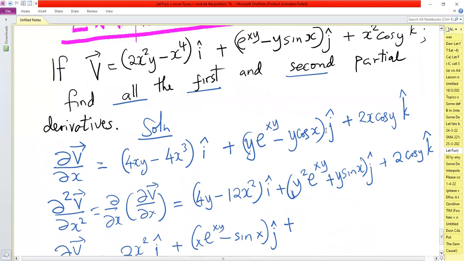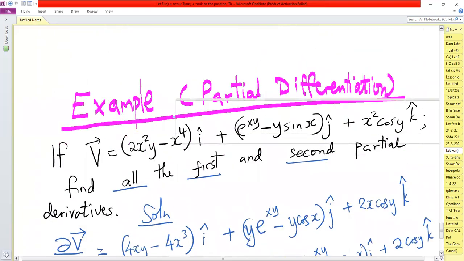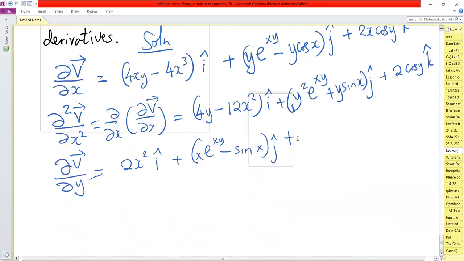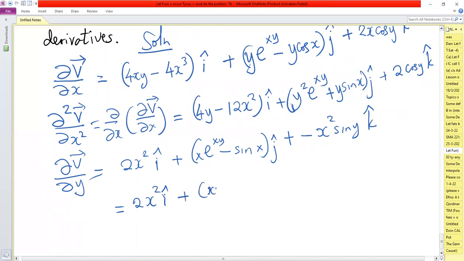Plus for k, when you differentiate cosine, you get a negative sign, so we'll have negative x squared sine of y k.